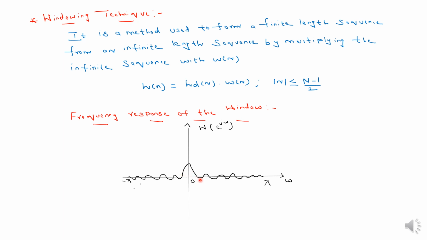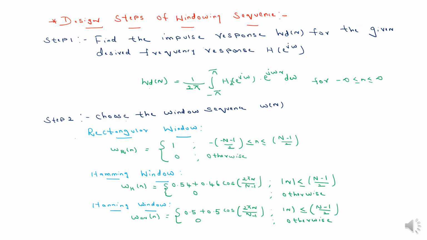Moreover, as omega moves towards pi, the side lobes will have lesser energy, the least energy near pi. This is with respect to the characteristics of the sequence.